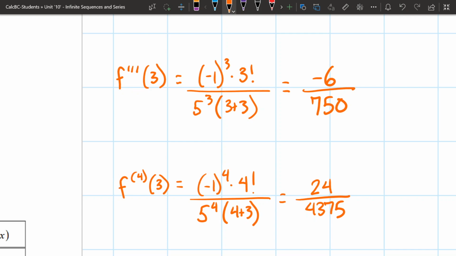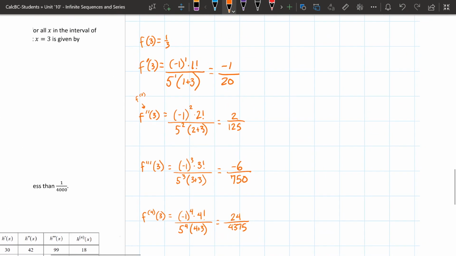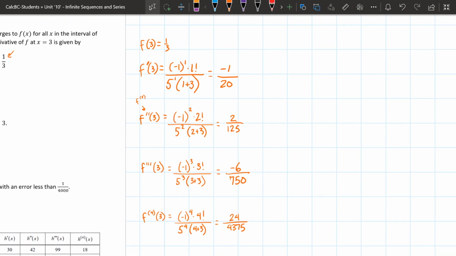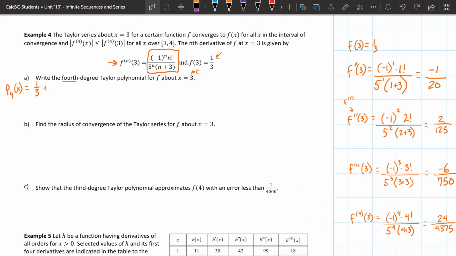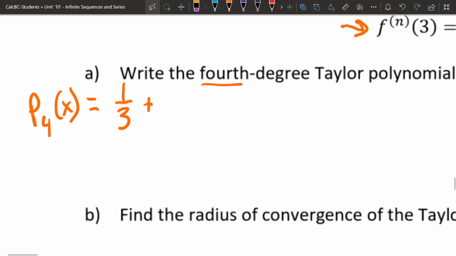Okay, so once we've found all of those derivatives at x equals 3, now we can take them and plug them into our Taylor polynomial. We've already got our first term, that 1/3. Our next one is going to take that first derivative, divide it by 1 factorial. Again, you don't have to write that. I just like to have it to be reminded of my pattern. We're going to need to simplify this in a next step anyways.